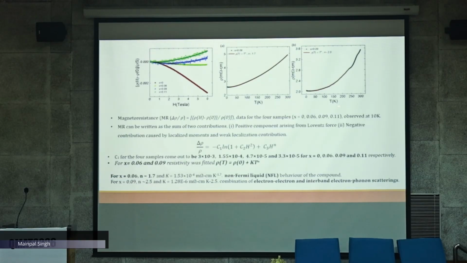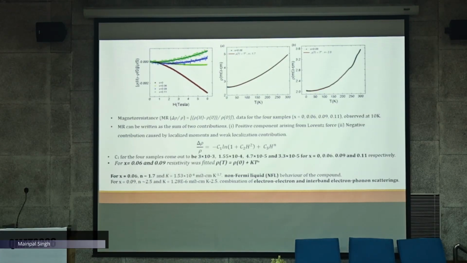The value of C1, which suggests the magnitude of the local moments, is clearly getting suppressed as we increase the copper concentration in the samples. For the sample with x equal to 0.06 in particular, we observed non-Fermi liquid behavior in almost the complete temperature range.